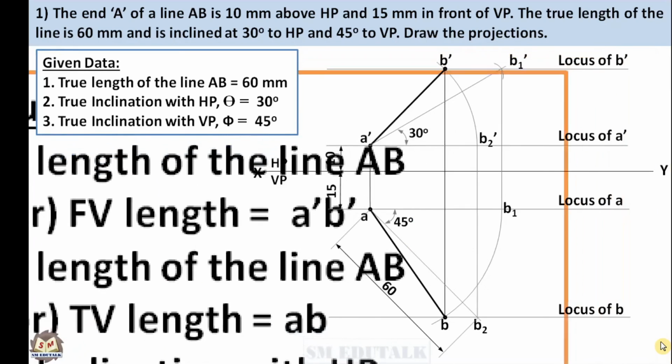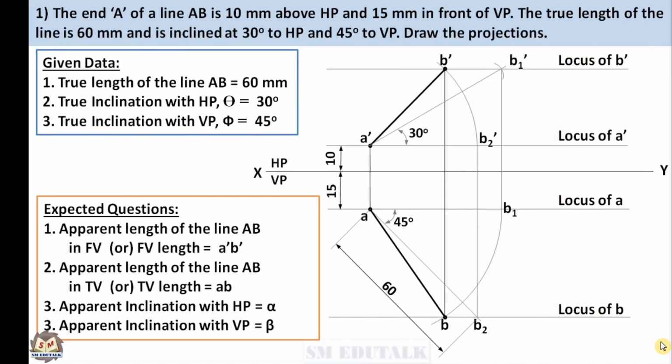If you are asked to find the apparent length of the line AB in front view, that is the length of front view A dash B dash, or the apparent length of the line AB in top view, that is the length of top view AB, then you can use any normal scale to measure the length of these lines and write your answer.